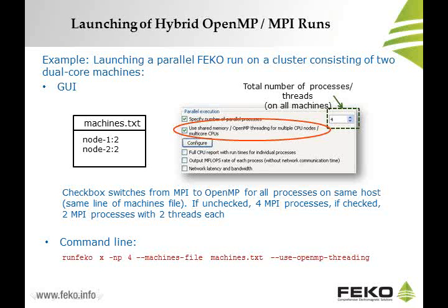And by starting the run by default, it would launch 4 MPI processes, 2 on node 1, 2 on node 2. But by checking the checkbox, use shared memory / OpenMP threading for multiple CPU nodes, multiple CPUs, just by activating the checkbox, we switch to the hybrid parallel model where we would launch 1 process on node 2 and 1 process on node 1.